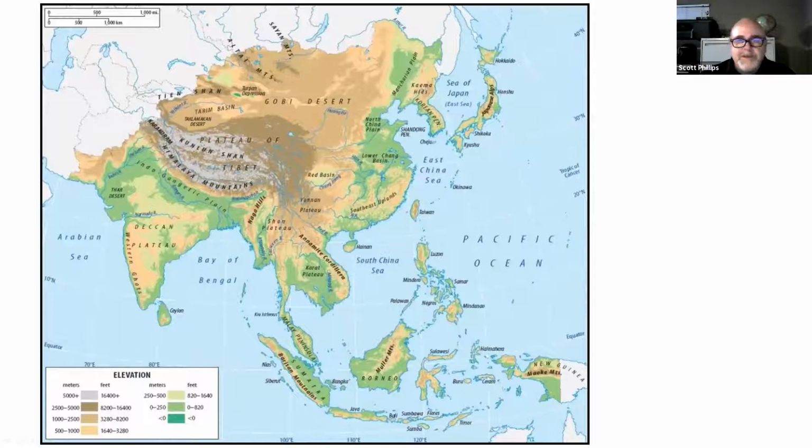This is from a different textbook, but I want to include South and East Asia just to give you a sense of the physical geography of this part of the world. One thing you might notice is that you have lowland river valleys like the Ganges River Valley that we've discussed before in India, and various other river valleys in China.